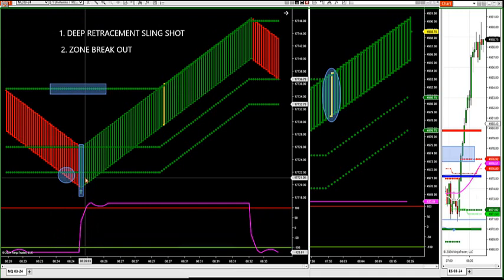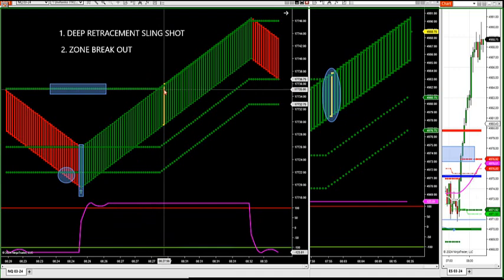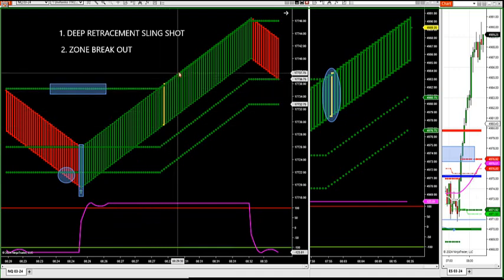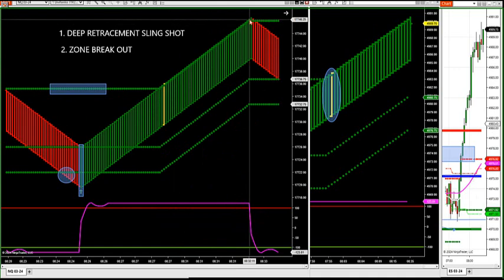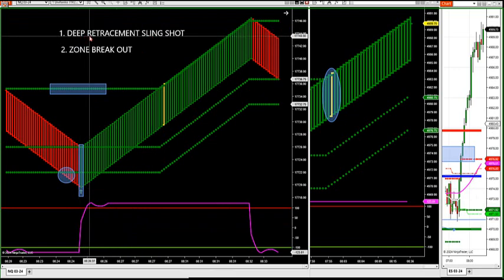Sometimes you'll get a 5, 10, 15, 20 minute heads up. Last Friday after news it was a 30-minute heads up on the breakout. When that bar turns yellow, that tells us we are breaking out of that level, and that's a possible entry for a possible move up. So those are the two types of setups we stalk every day.